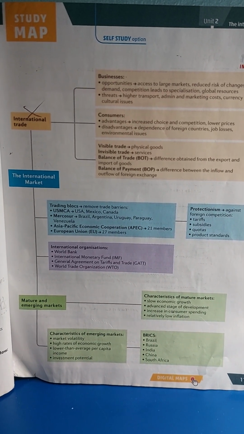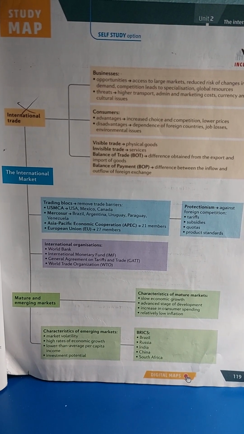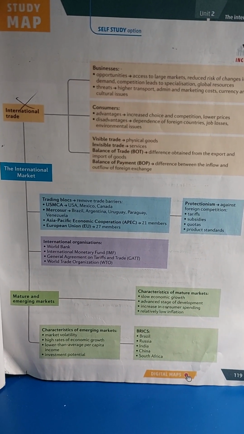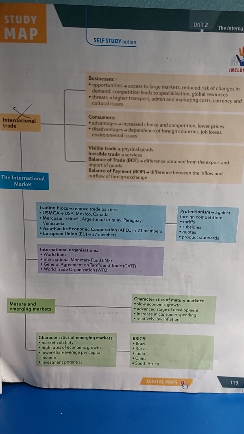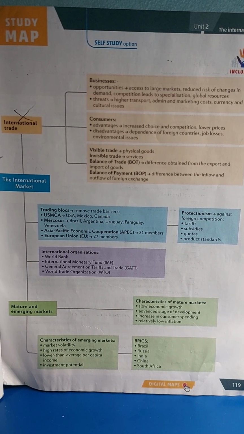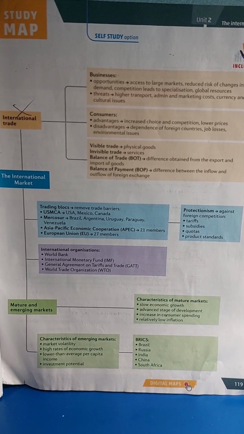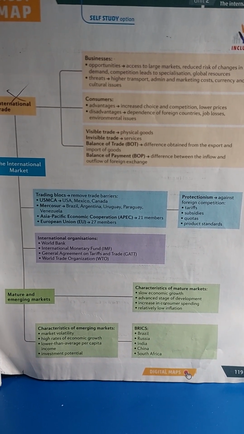And about emerging markets instead, there are 4 characteristics that I underline: market volatility, high rates of economic growth, lower than average per capita income and investment potential. And there is the acronym BRICS in emerging markets.